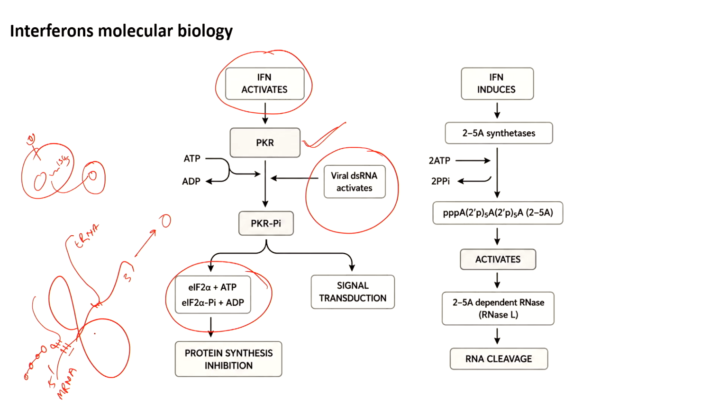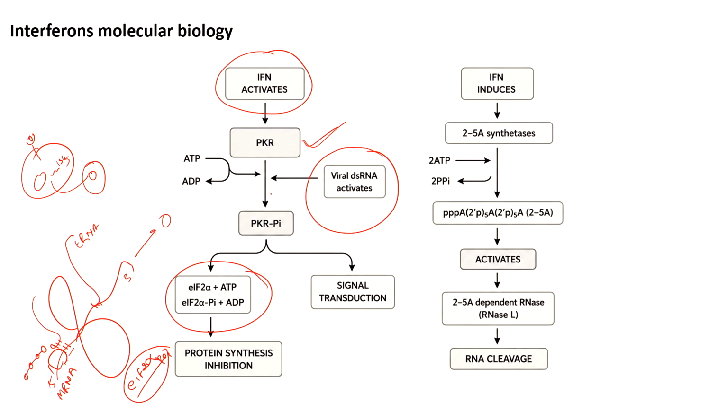To start this process, we have this protein called eukaryotic initiation factor. Protein translation won't be possible unless we have all the factors available there. One such factor is EIF2 alpha. Now EIF2 alpha is active, but if it is getting phosphorylated, then it becomes inactive.